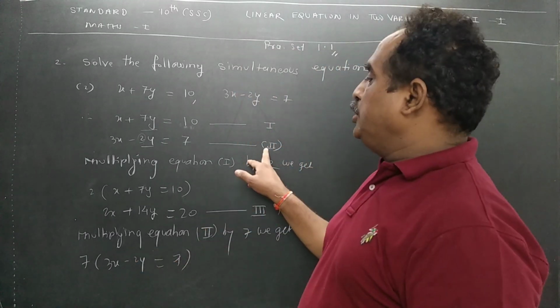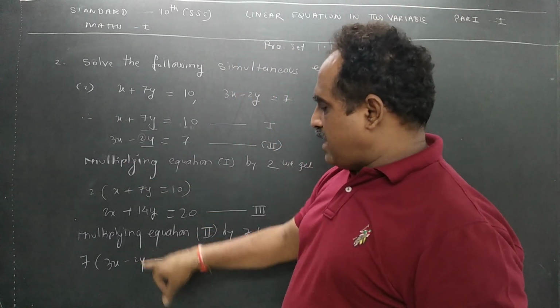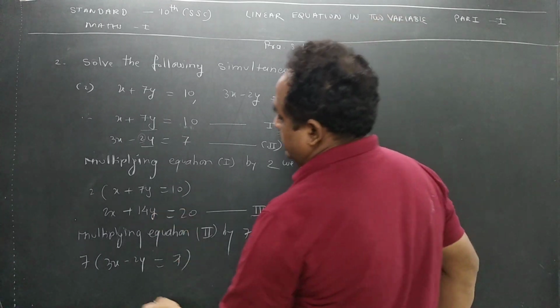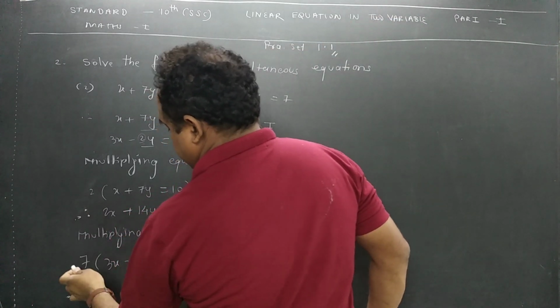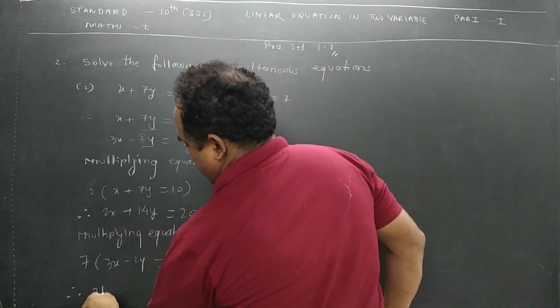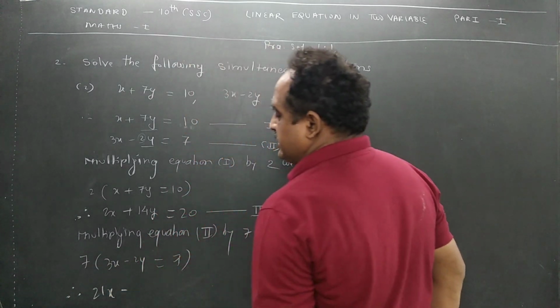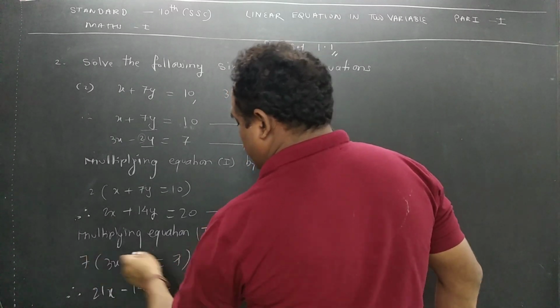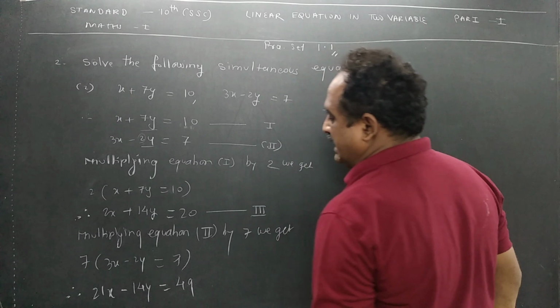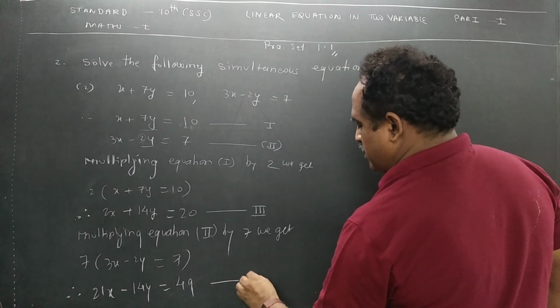Now what is equation 2? 3x minus 2y is equal to 7. Again you have to multiply properly. See, 7 threes are 21x minus 7 twos are 14y is equal to 7 sevens is 49. This will be our equation 4.